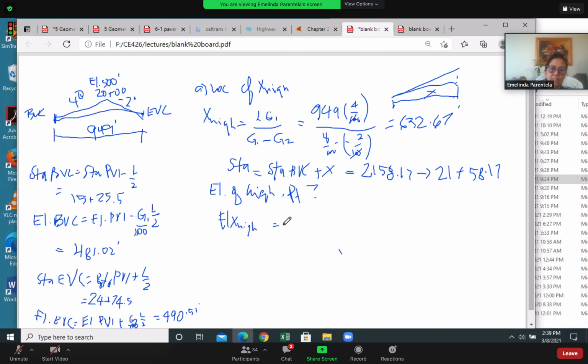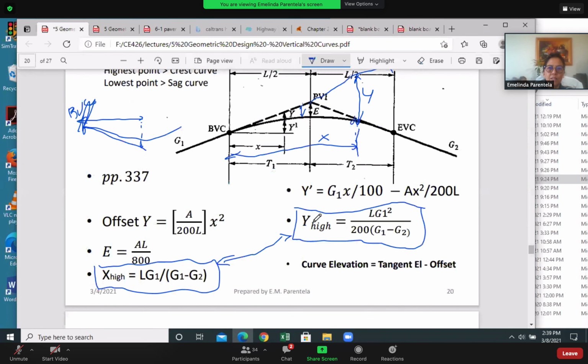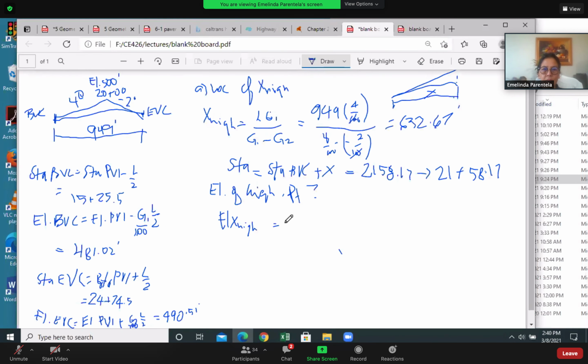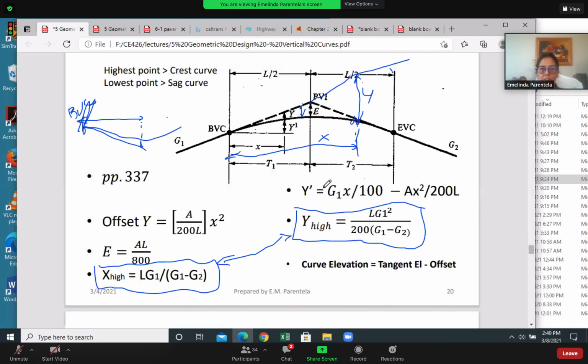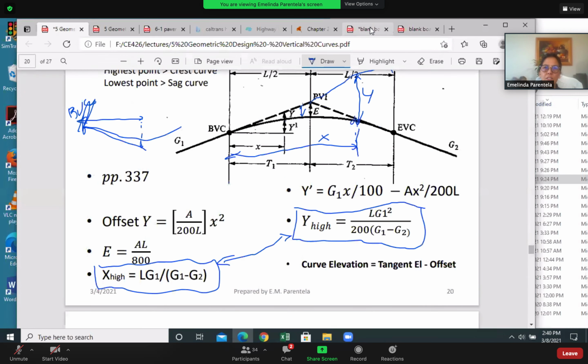So what is that? So to determine the elevation, first you need to know your Y high. Y high is equal to L G1 squared over 200 times G1 minus G2.